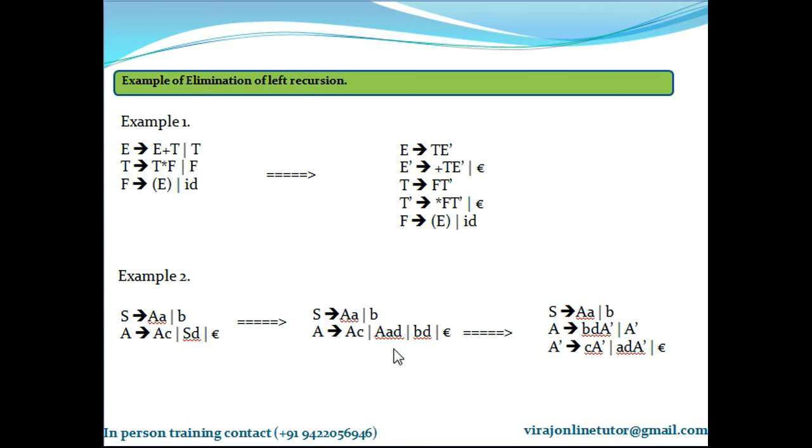In place of S, I substitute productions of S. So I get capital A, small a d or small b d. I didn't do any rocket science here. I just substituted productions of S in place of S.